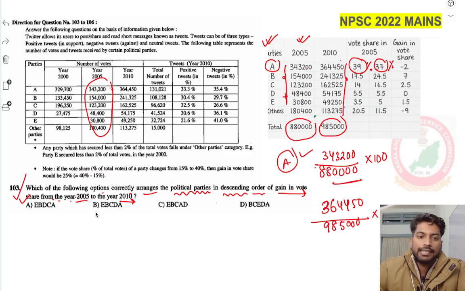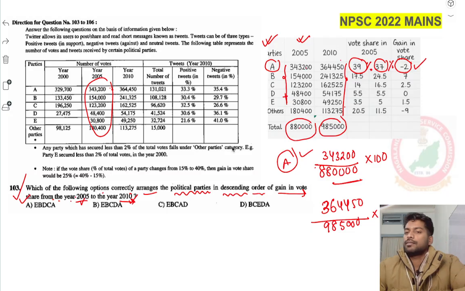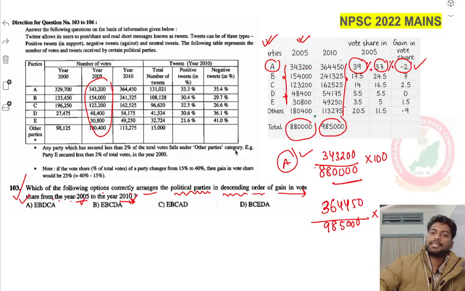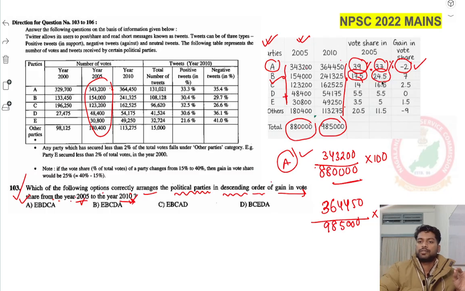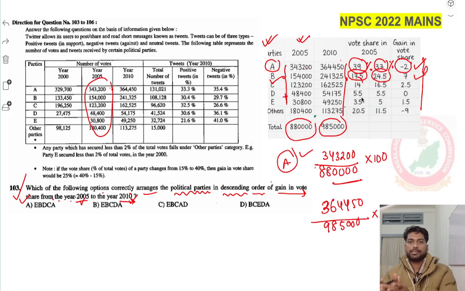So the difference of vote shares from 2005 to 2010 is minus 2% for political party A. Similarly, if we calculate the same way, in 2005 the vote share is 17.5 and in 2010 it is 24.5. So the difference is 7 here. So this is the difference of the vote share from 2005 to 2010.